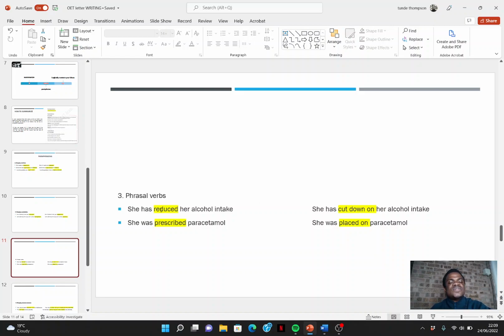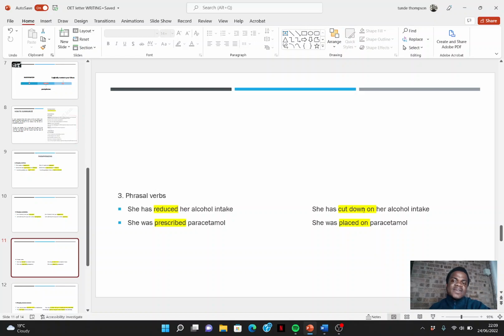Let's say I've used the word reduced in a particular paragraph, maybe to talk about the patient reducing, let's say the patient has reduced the number of cigarette sticks she smokes.